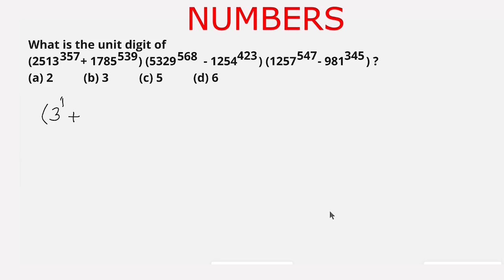1785 has unit digit 5. So we write 5, and we know that whatever may be the power of 5, it remains 5. So we keep it as 5 multiplied by, in the second bracket, 5329. So the ones place digit is 9.